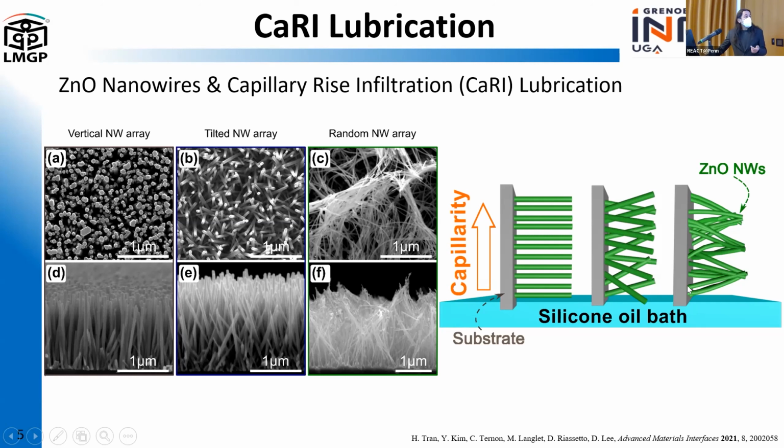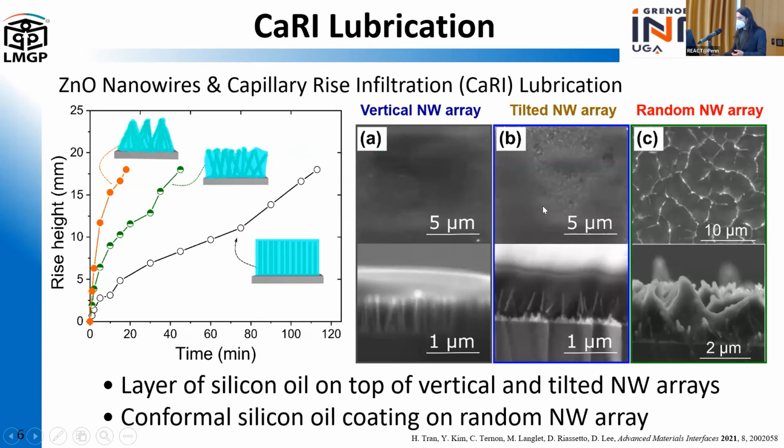As lubricant, we chose silicone oil, and for the lubrication we decided not to use a standard method like spin coating, but to use capillarity. We just put our sample in contact with the silicone oil and wait for the growth of the film inside the porous structure.